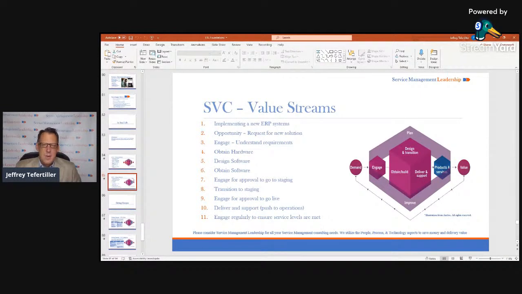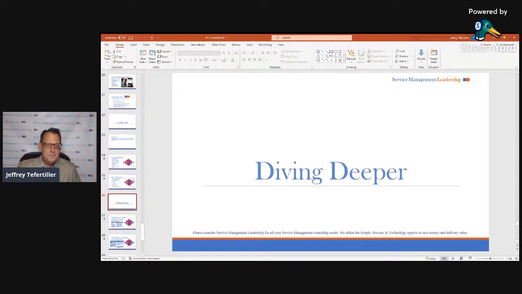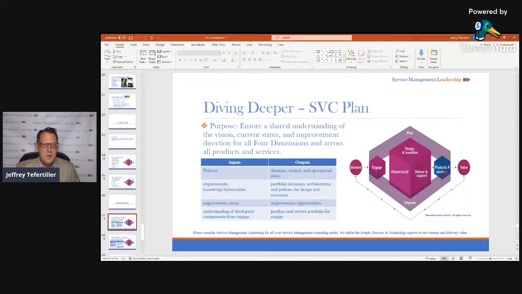One of the things that we have said often is that while ITIL4 has engage over on the side, it's really a swim lane all the way across. And so as you consider ITIL4, that engage with the requester and the business unit, you'll want to do that often. Let's dive even deeper.